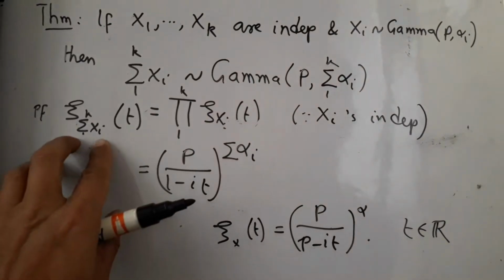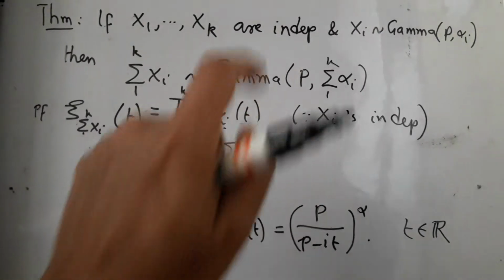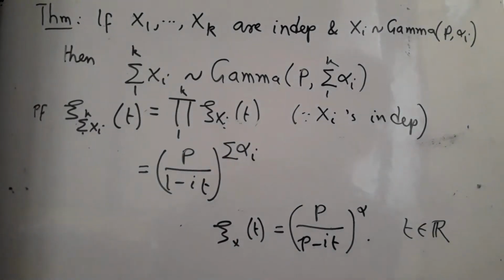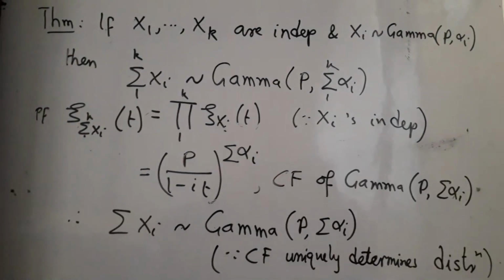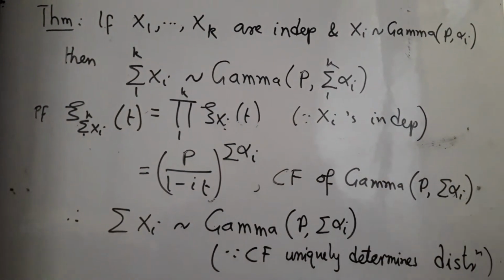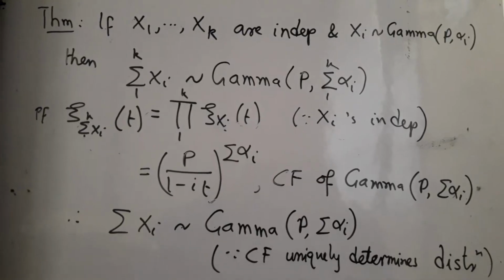So since this random variable, the summation of xi, has the characteristic function of the gamma distribution, it must have this distribution. This line is very important since the characteristic function uniquely determines the distribution.